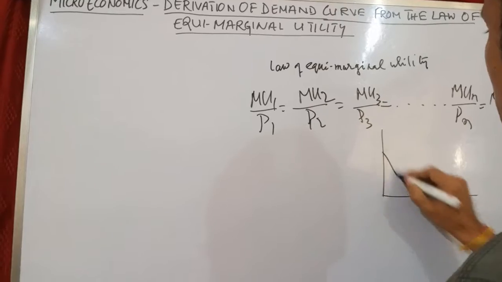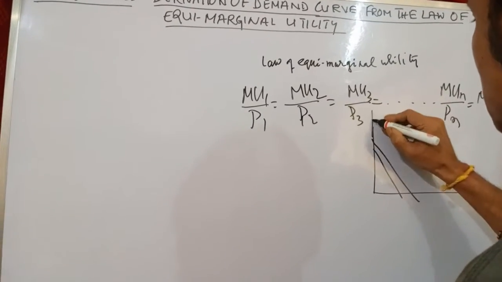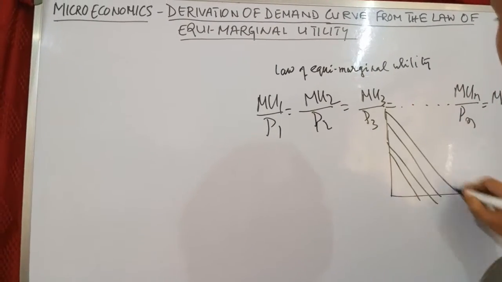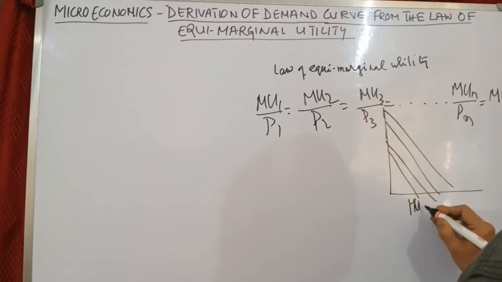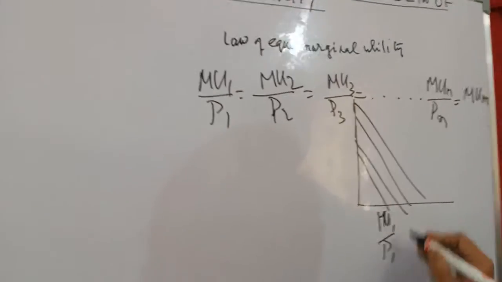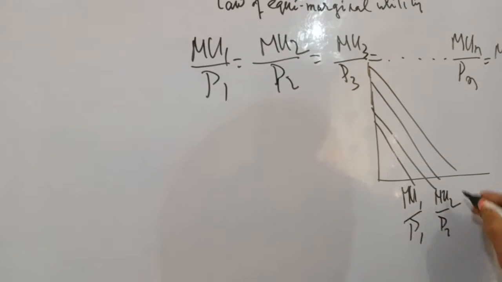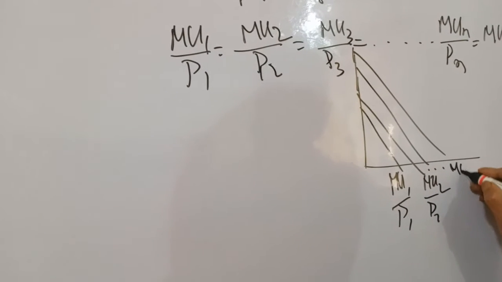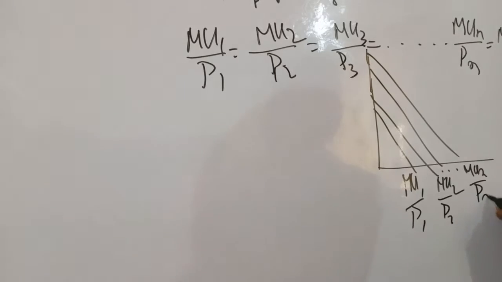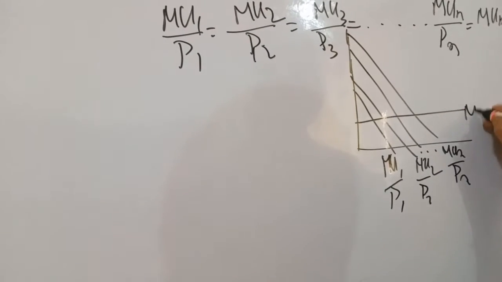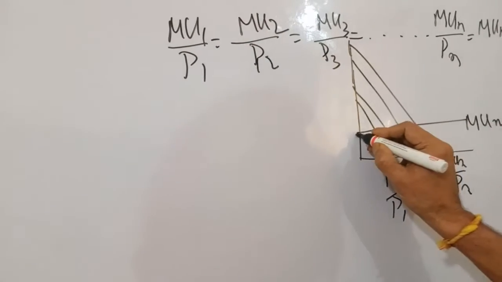So we get a curve like this. These are all, say, MU1 by P1, MU2 by P2, and so on, MUn by Pn will be equal to MUm.